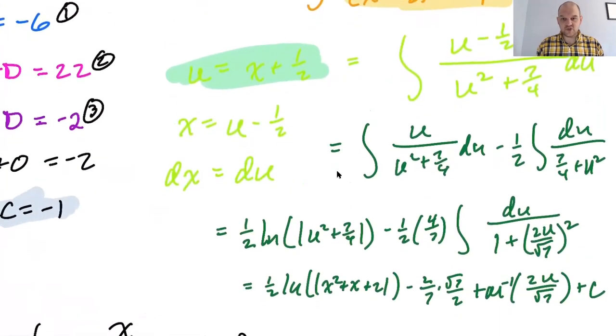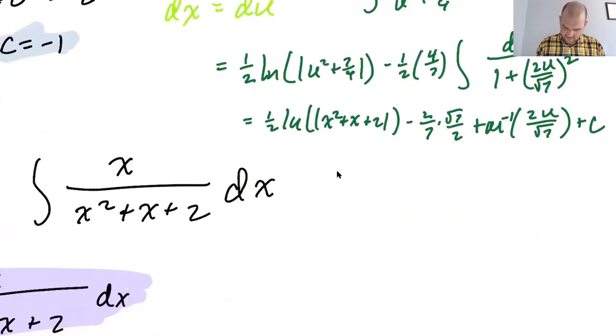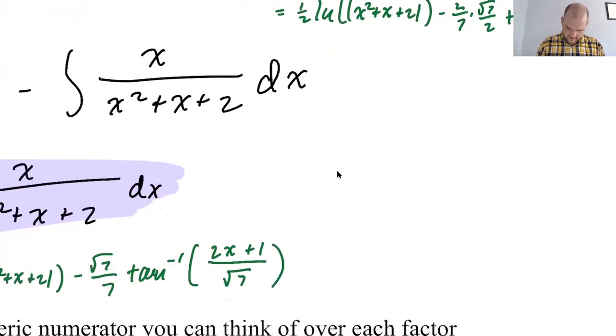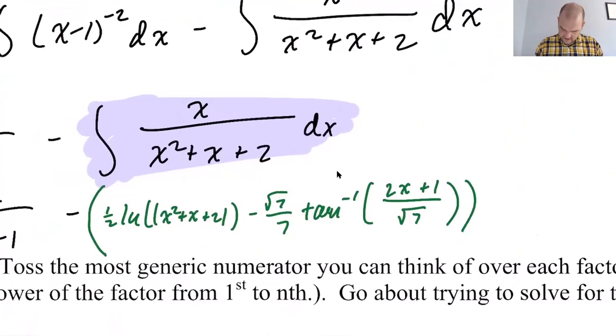So 2 of those is 2x plus 1. So I'm going to make this tan inverse of 2x plus 1 over radical 7. And then how many parentheses? Let's close this and do a plus c.